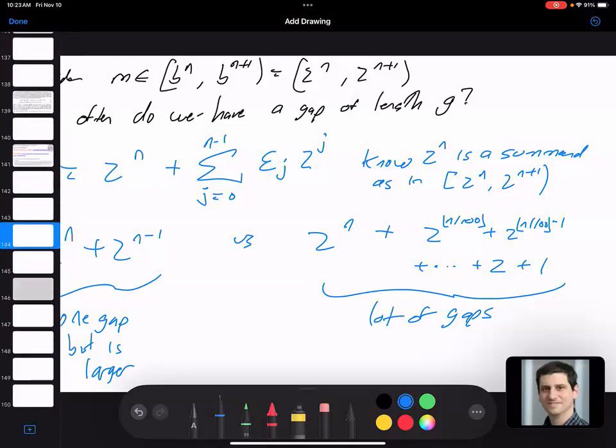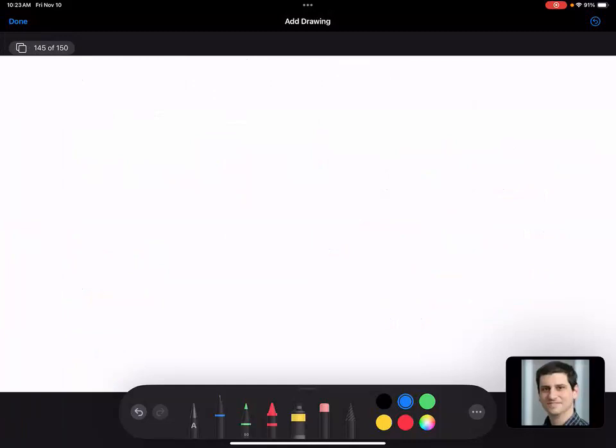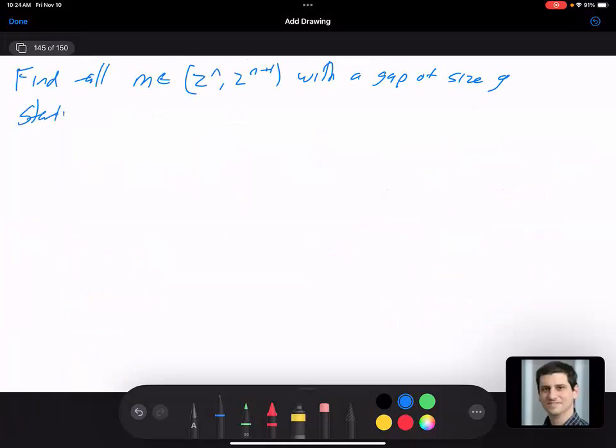So let's try to do an example and see if this clarifies. Let's find all m in 2^n plus 1 with a gap of size g starting at index i.